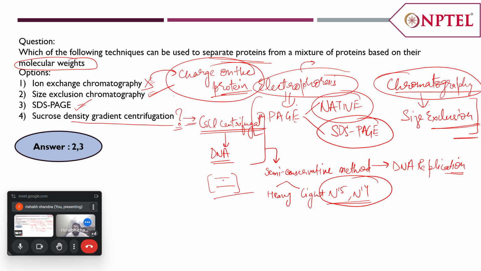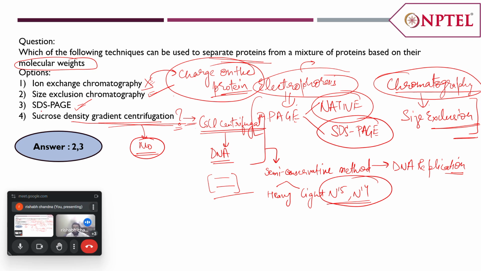So that is also a weight based method to separate molecules on the basis of their molecular weights. Now the question arises whether we can use this density gradient centrifugation for the analysis of molecular weight. The answer is no, basically. Although it can separate the proteins that have different molecular weights, we will not be able to identify the molecular weight of the protein that we have to analyze.